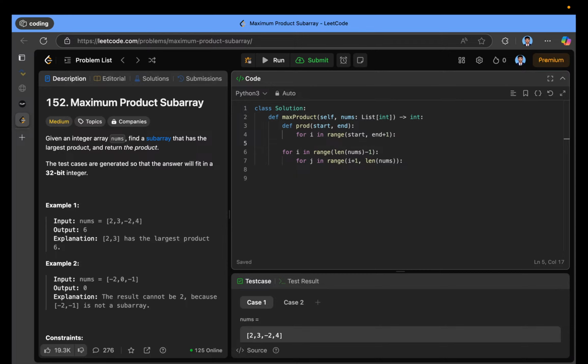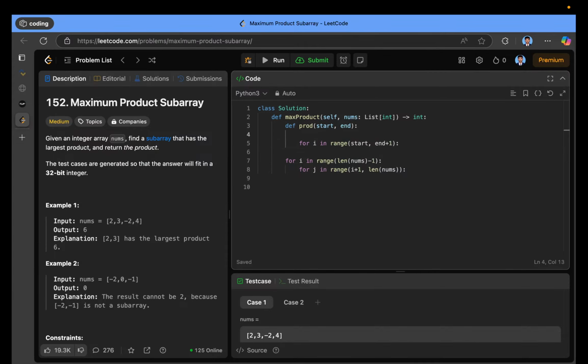I haven't taken that variable, so let's take ret equals nums of start, and then ret star equals nums i, and then return ret. Well, okay, with the product done, now I have to find the max product.